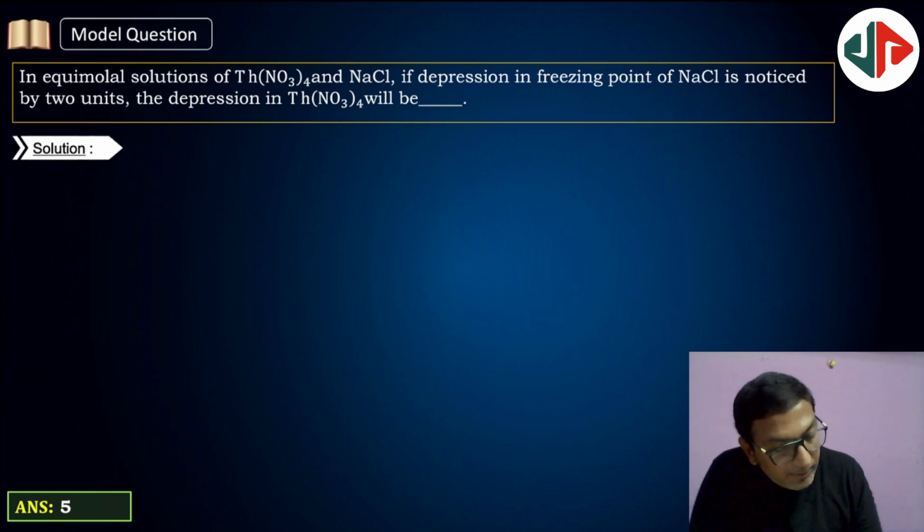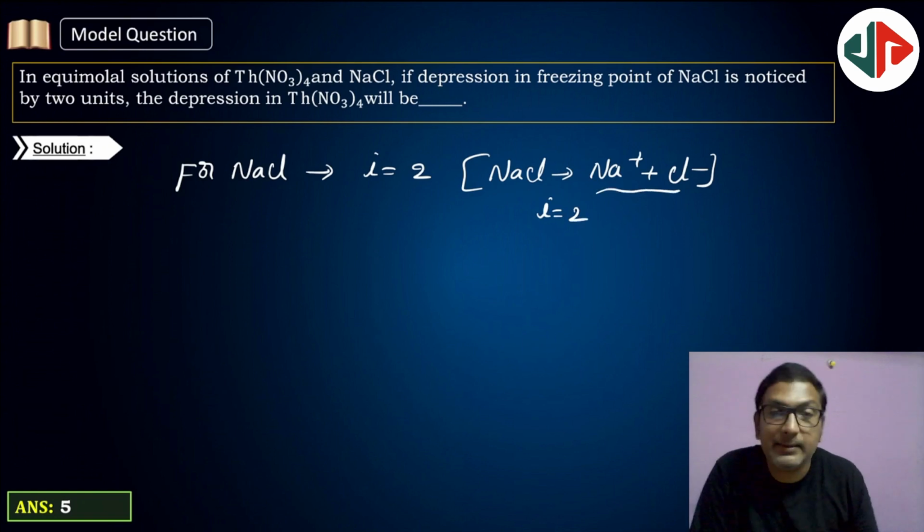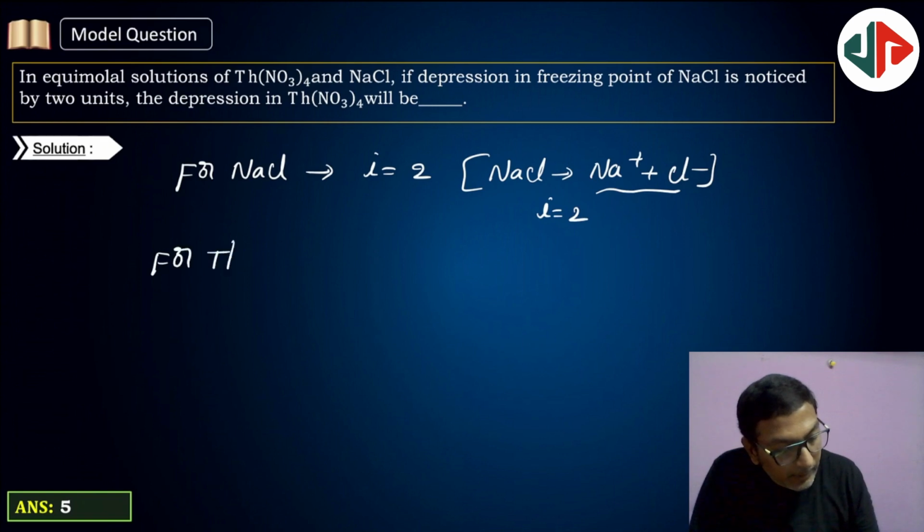So here, the Van 't Hoff factor for NaCl: i value equal to 2, because NaCl dissociates to Na+ and Cl-, 2 ions. Next for Th(NO3)4, i value equal to 5.